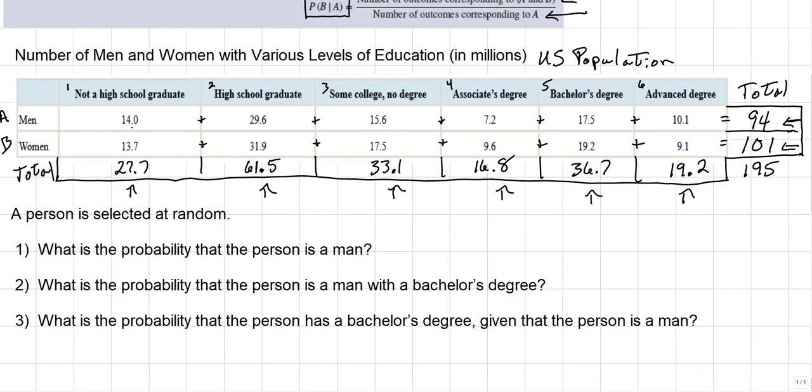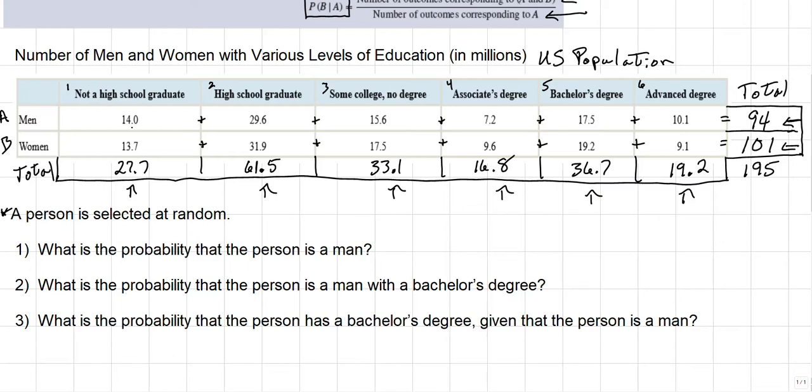Now we're going to start off with a person selected at random. The first question: what is the probability that the person is a man? We're talking about conditional probabilities, but this first question is not conditional. It's a straight probability.